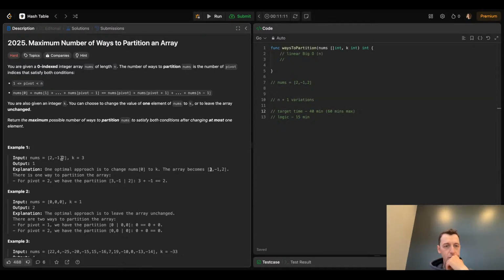If we change the last two, then we'll have the same. Yeah, we'll have 3. And this 1, 2. Yeah, we'll have the same number of ways to partition.